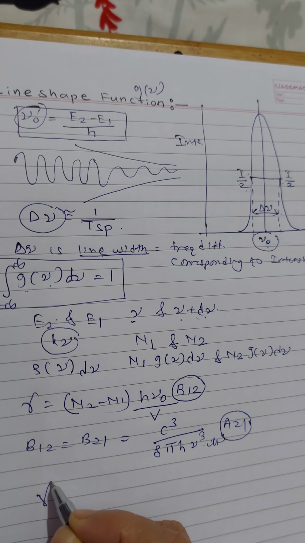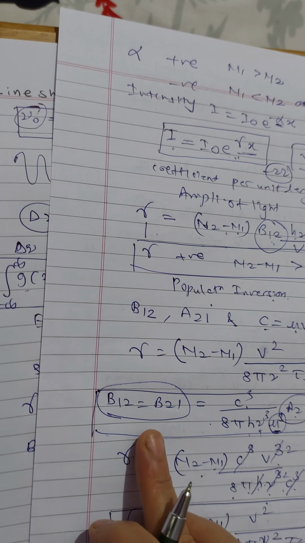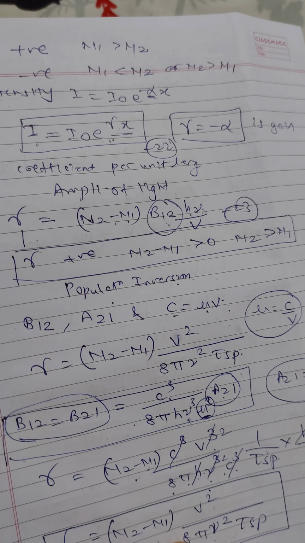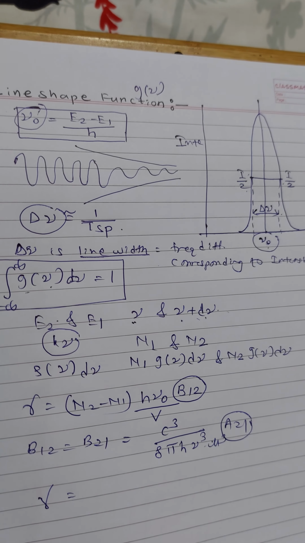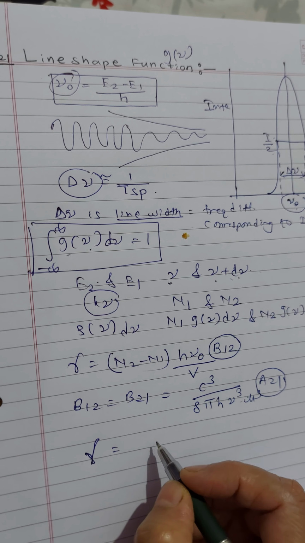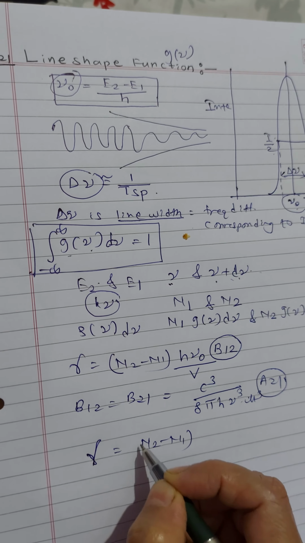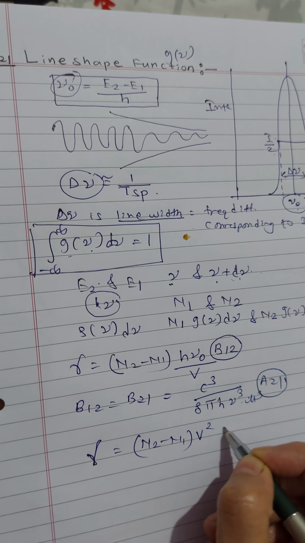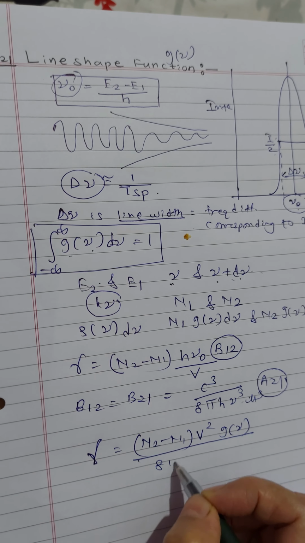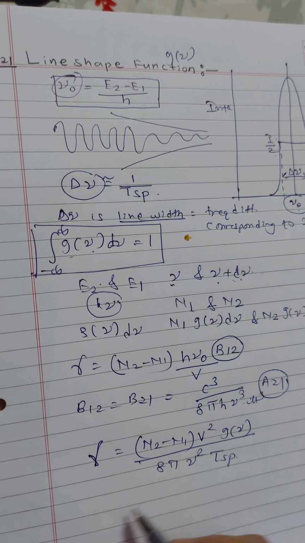I'll just put the value of b12 and the value of A21. Here the gain coefficient gamma is equal to n2 minus n1 into v squared g nu divided by 8 pi nu squared into tau sp.